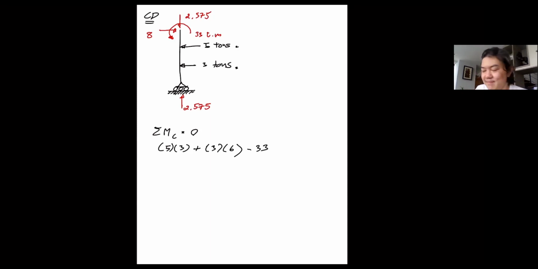It has to be, right? But you just can't imagine things. You must prove it to be so. That is 15, that is 18, so that's 33. And yes, we have 0 sigma Mz. That means everything is correct. We have the correct and complete free body diagram.